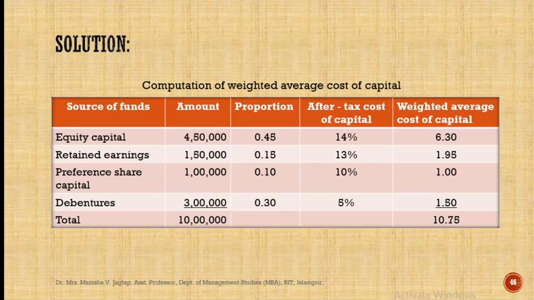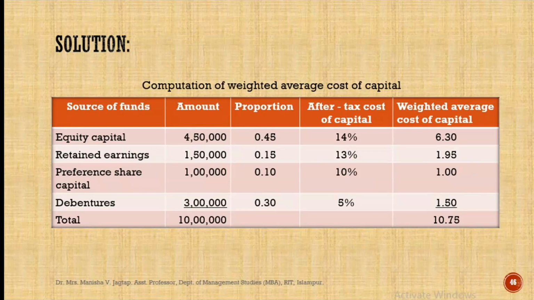For calculating it, the formula used is proportion into the cost of capital. Here we have already calculated the proportion of a particular source of fund to the total. So 0.45 into 14% gives us 6.30.